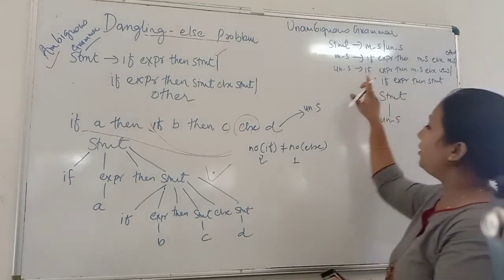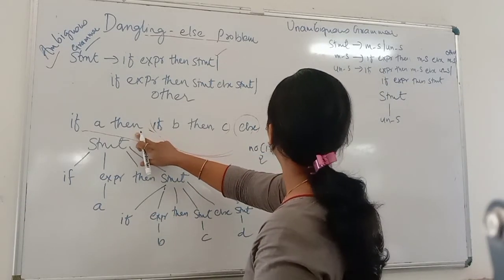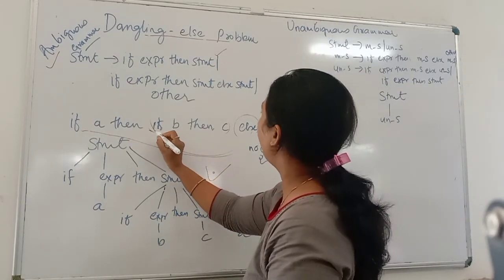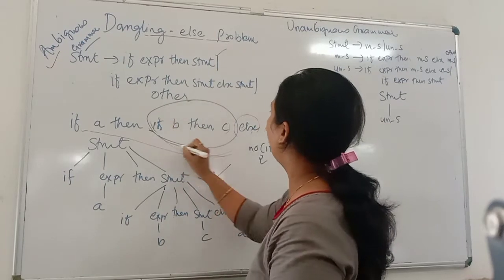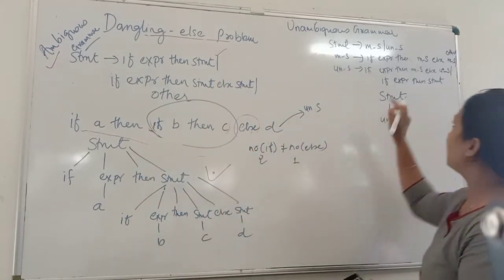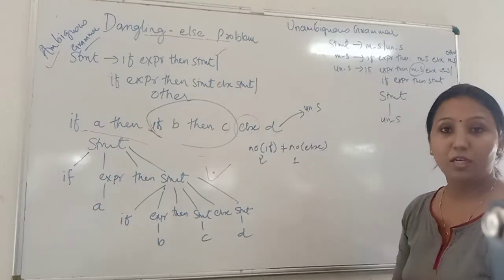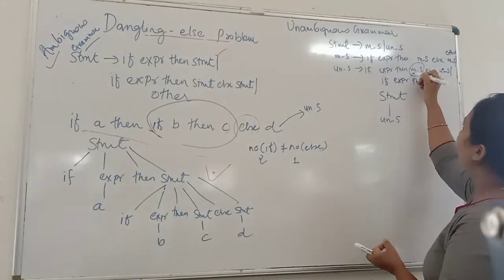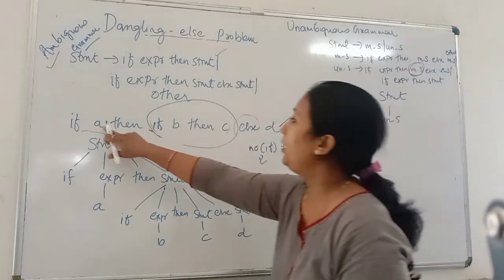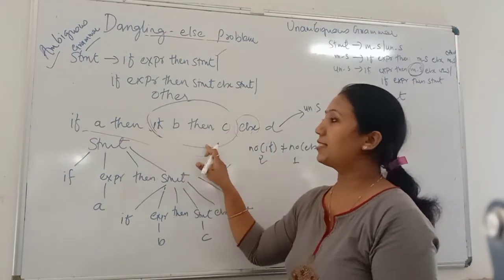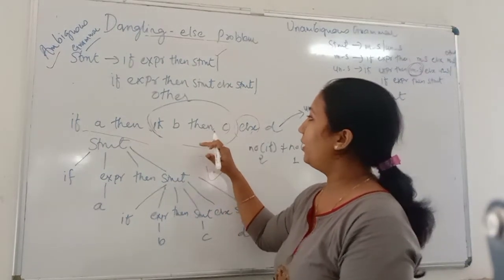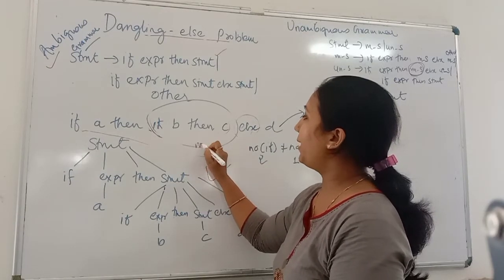If we select this, the option says that after if expression then, it should always be a match statement. Let's check: if I consider this substatement to be one statement, then it should be a match statement.